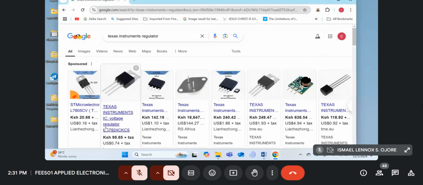So you can see many of them over here, like this Texas Instruments. Oh, so it was not LM. I thought LM is Texas Instruments.